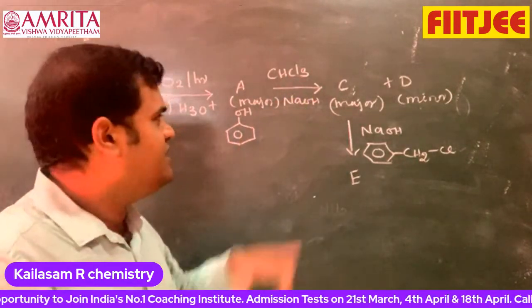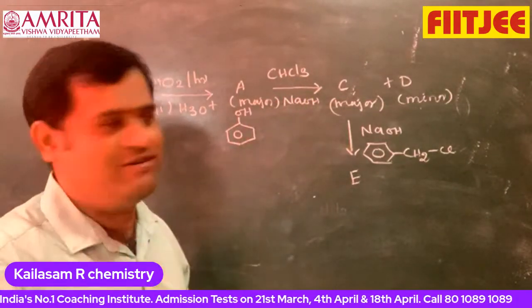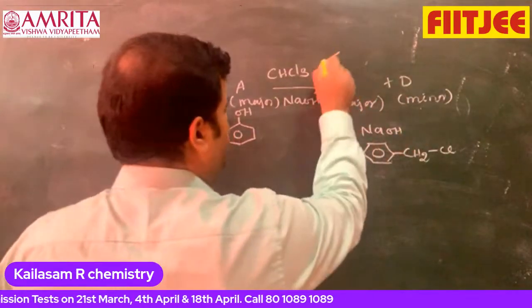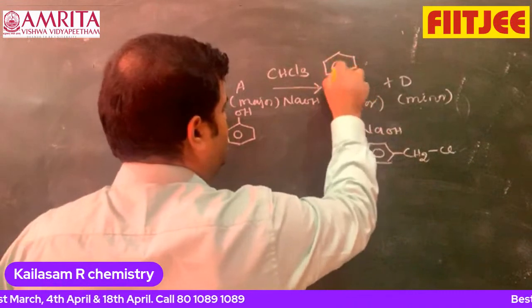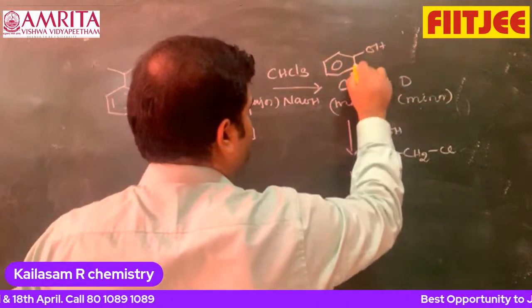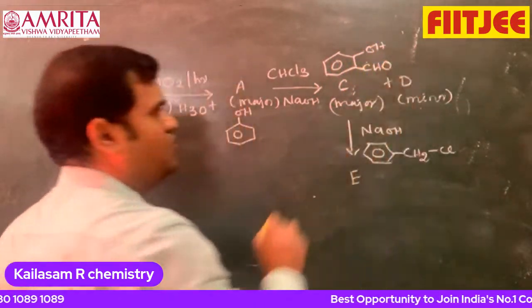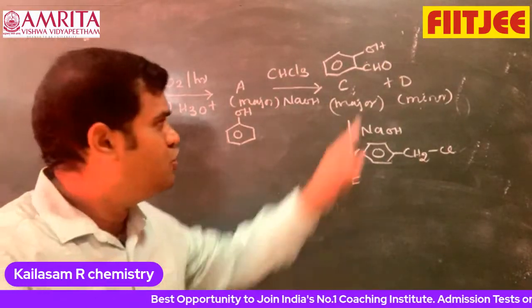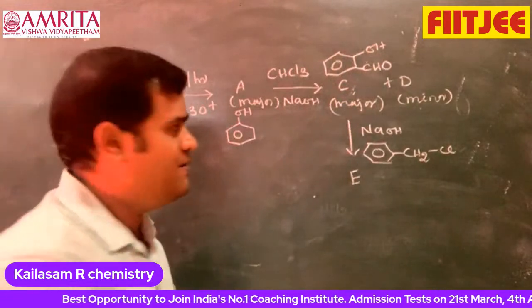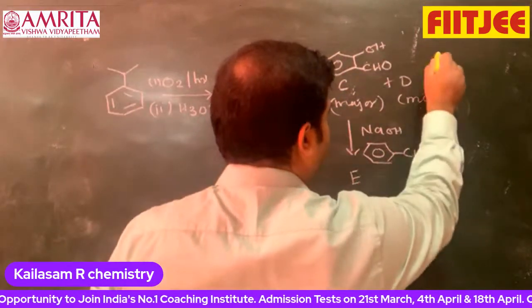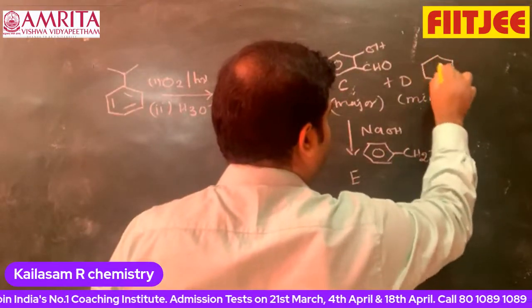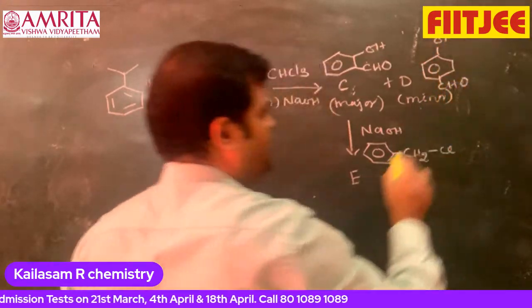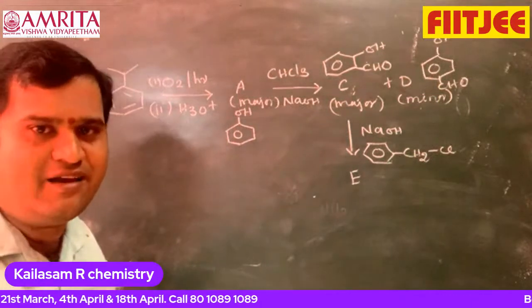What is going to form? An example of the Reimer-Tiemann reaction, with major and minor products. The major is OH, CHO: ortho-hydroxybenzaldehyde is major due to intramolecular hydrogen bonding. Now, the minor is OH, CHO: para-hydroxybenzaldehyde is minor.